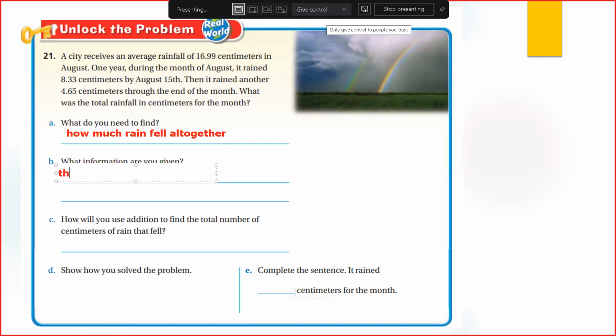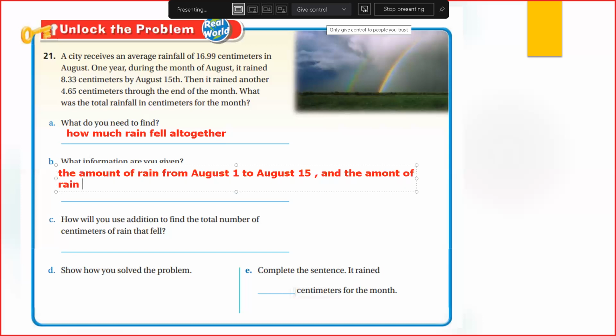You have the amount of rain from August 1 to August 15, and the amount of rain from August 16 to August 31.